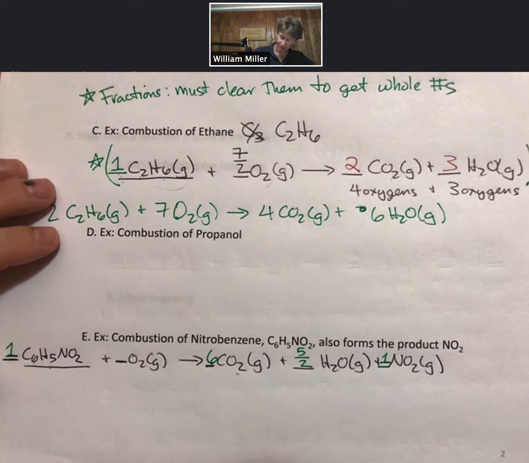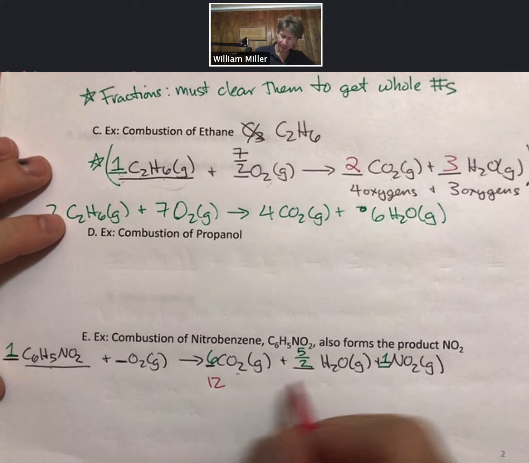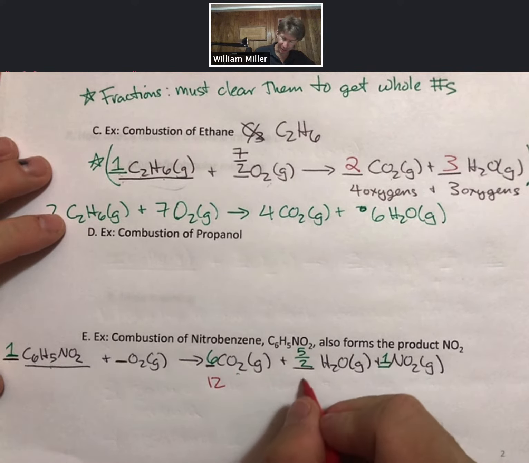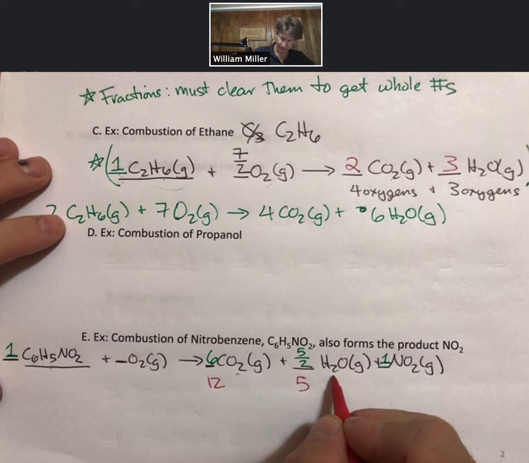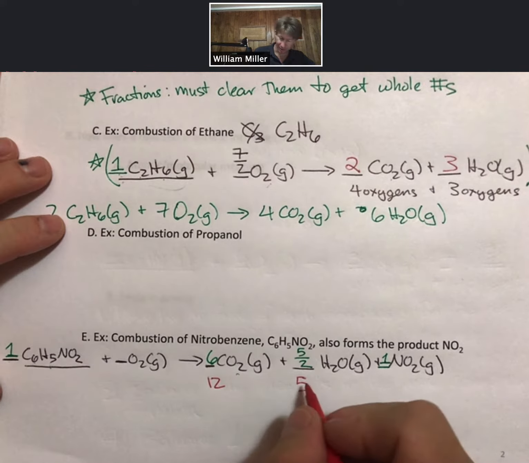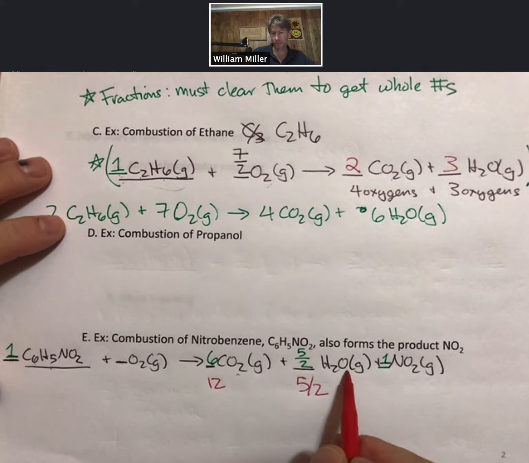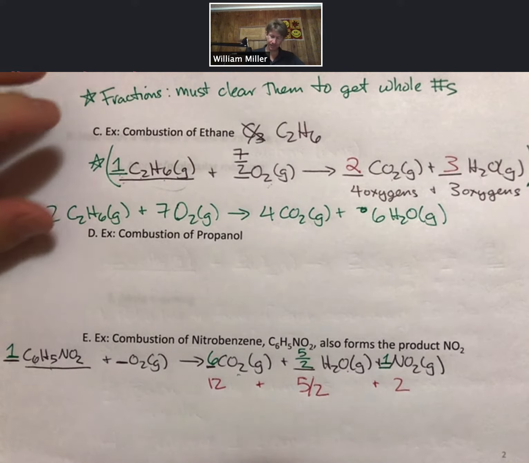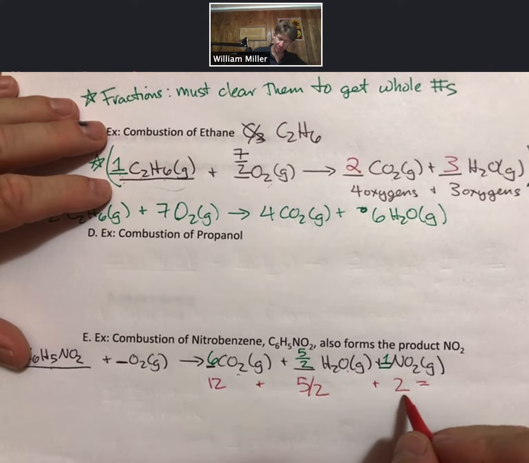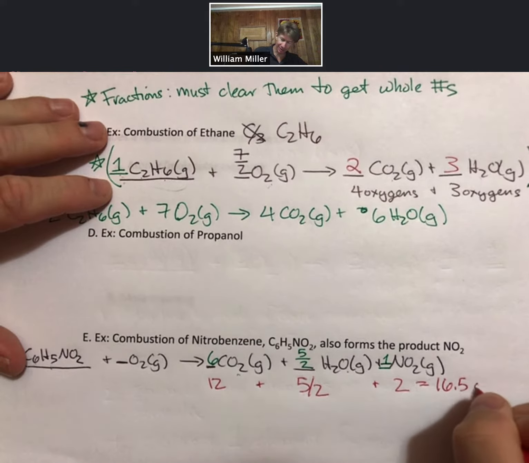For this, I'll do it in red. I have 12 oxygens. I have 5. Do I have 5 oxygens? Yes. Oh no, I have 5 halves oxygen because 5 halves times 1. So plus 2. This adds up to 14, 15, 16, 16.5 oxygens.